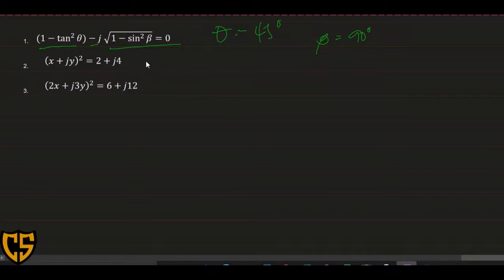This will be x squared plus 2xy, let's put j here, plus jy squared.